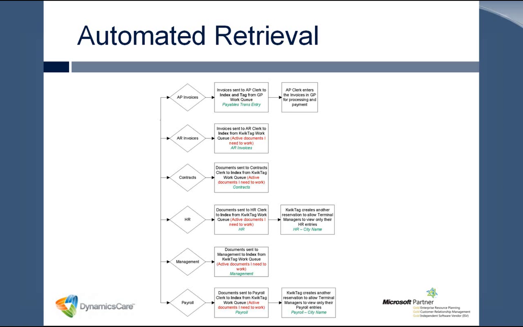But if we jump down to departments such as HR or payroll, whereas an AP invoice may need to go through an approval process, an HR document or a payroll document doesn't have the same sort of actions. So you identify where the AP invoice is going to end up for viewing, such as in GP, versus an HR document ending up perhaps in a browser.